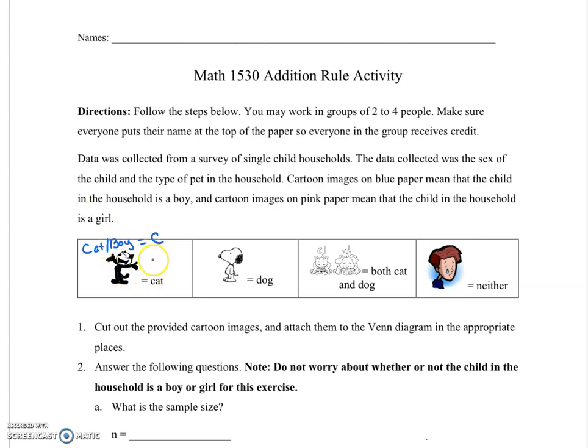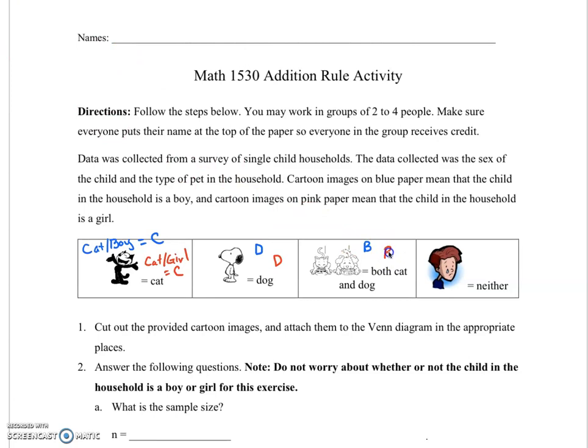I use red for cat with a girl child in the household. And we'll follow the same naming scheme, so we'll have blue D's and red D's for dogs. And for having both a cat and a dog in the house, I'll use B. I will use B for both of those.